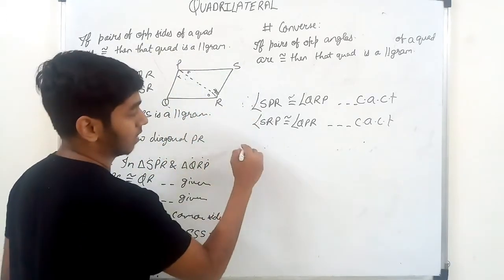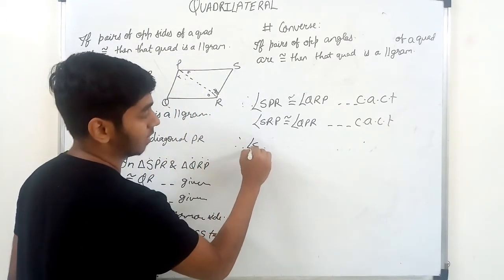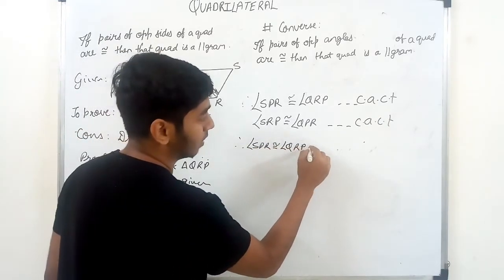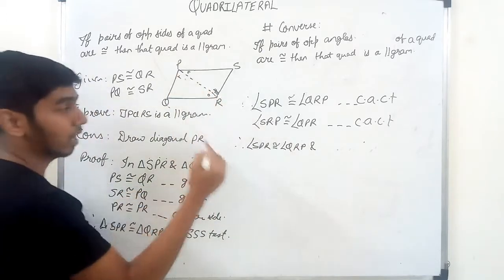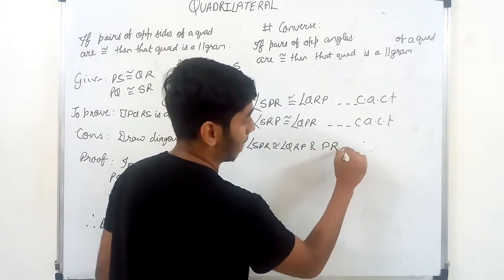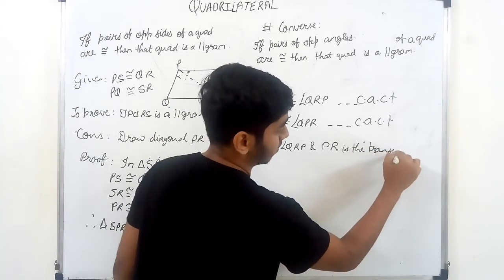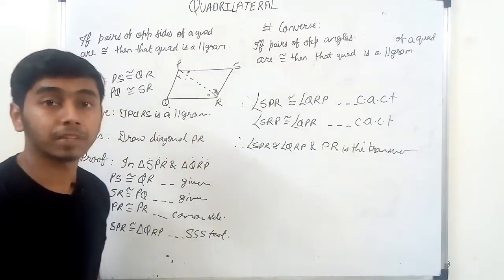So we can say therefore angle SPR is congruent to QRP and PR is the transversal, correct?